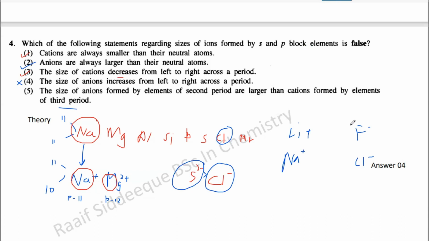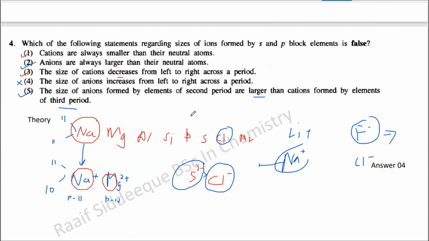For an example, fluorine will take one electron and form F minus, so the electron will be in the same shell. But when sodium plus removes one electron, it automatically falls into the second period because the entire shell is removed. When you compare these, you need to understand this statement is correct, because there is a negative charge and a positive charge. So this is small, this is larger. So this statement is also correct.